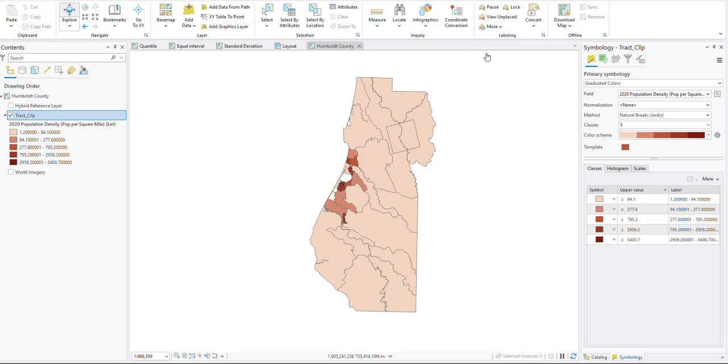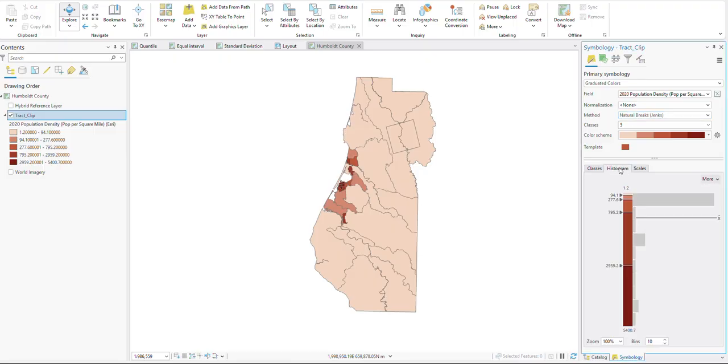Okay, so if we think about a choropleth map here, we have our field, which is population density, and then we have 5 classes, and it's a natural breaks data classification. If we look at our histogram, we can see natural breaks just kind of arbitrarily putting a value here, but most of our data is chunked up in this bin here.